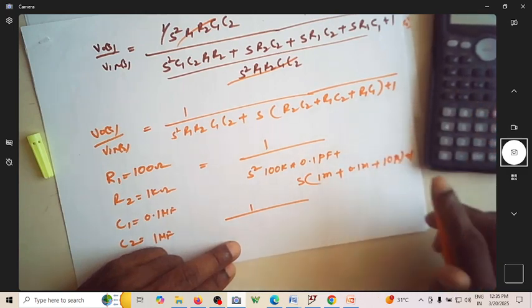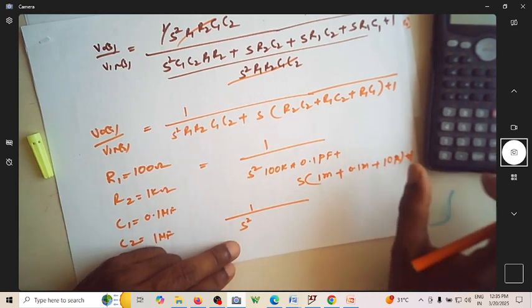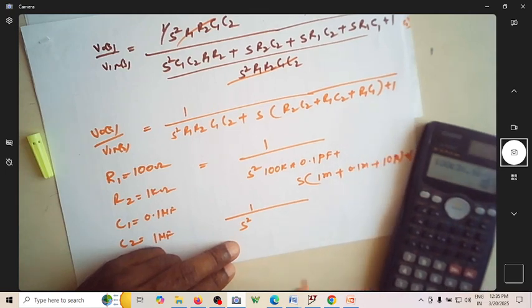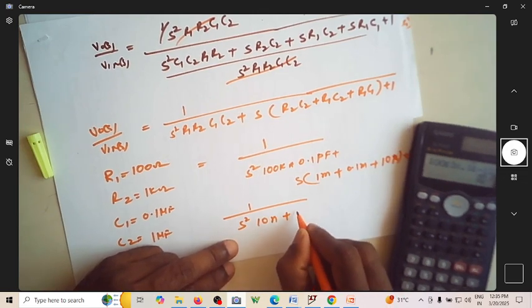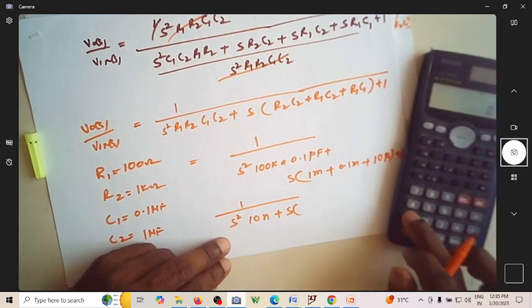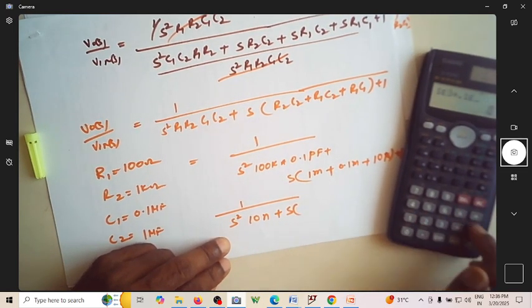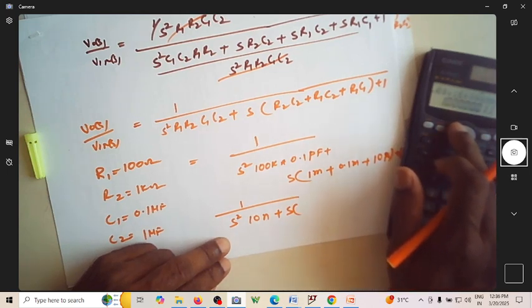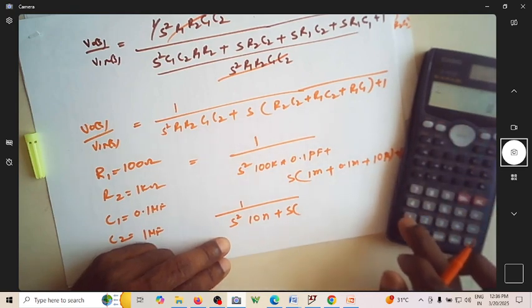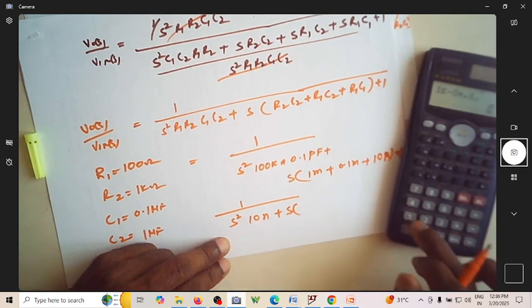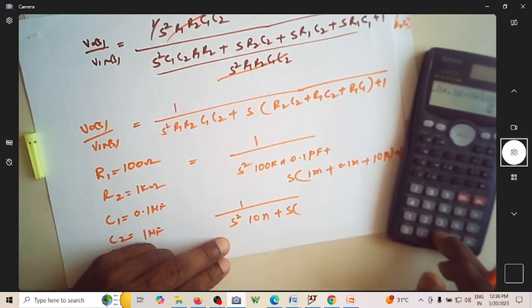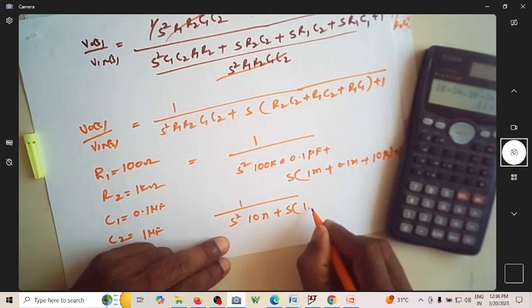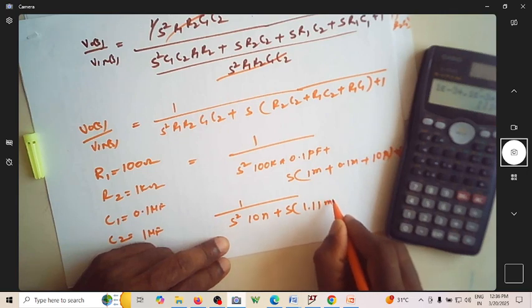Can you see this is s squared into 10 nano, plus s into (1 times 10 to the minus 3 plus 0.1 times 10 to the minus 3 plus 10 times 10 to the minus 6). So it is 1.11 milli, plus 1.